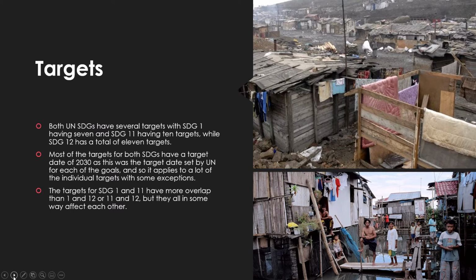And there are other goals like that, like target 1.5 and 11.5 are both about natural disasters. So that's just another example of 11 and 1 overlapping.